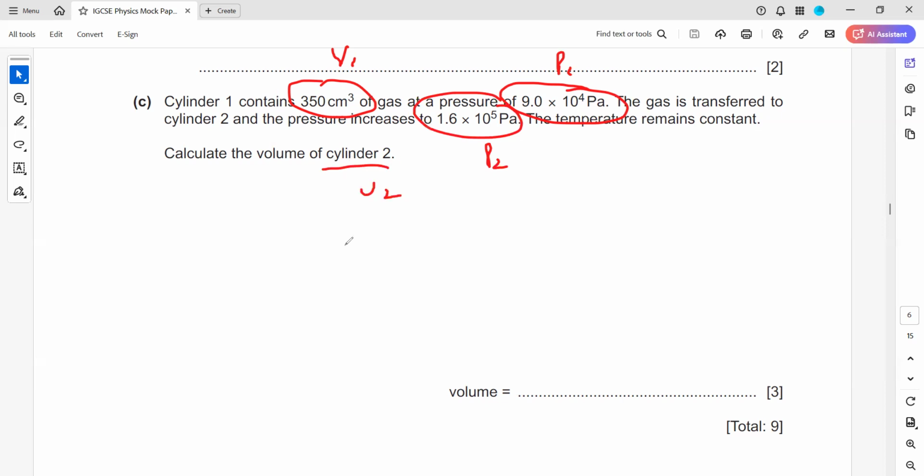So we just have to use the formula P1 V1 equals P2 V2. The first pressure is 9 exponent 4, the first volume is 350, the second pressure is 1.6 exponent 5, and the second volume is unknown.